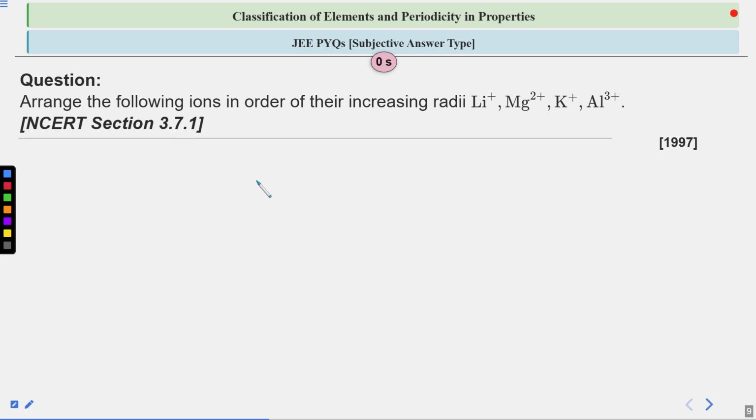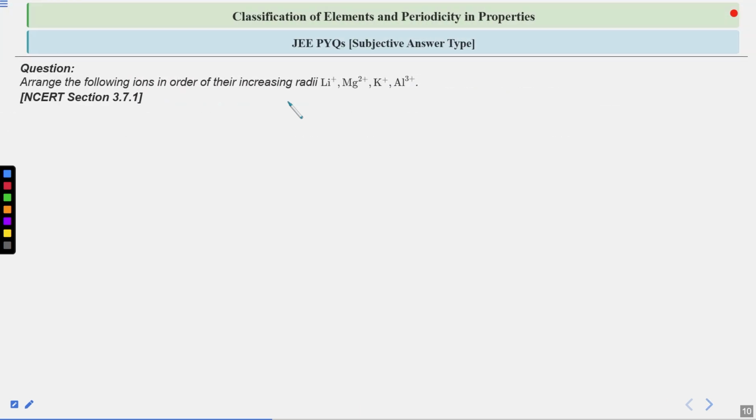Okay, your time is up. So the correct answer will be, first, the smallest one is lithium plus. Then comes aluminium 3 plus, magnesium 2 plus, and lastly your potassium plus.